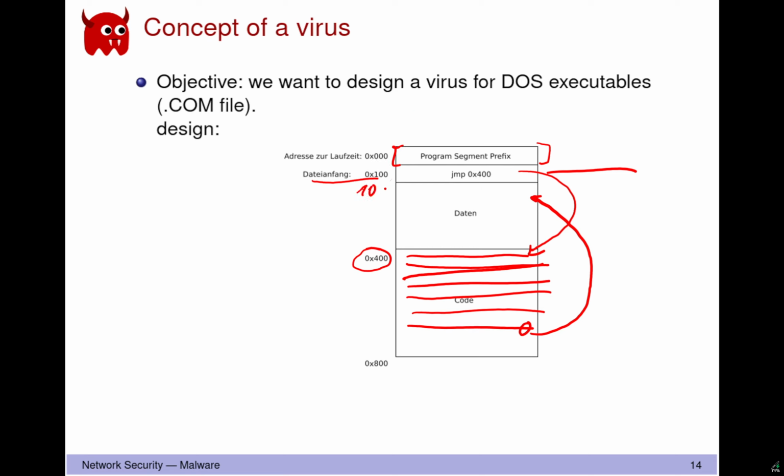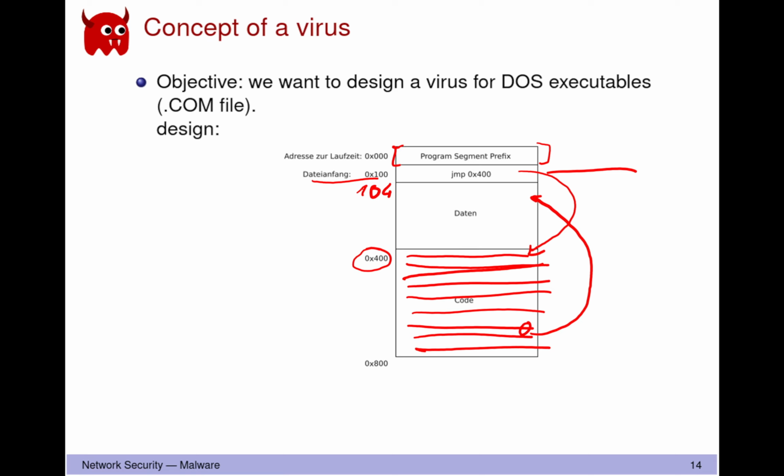Let's say 132 if it's 104, so it's 32 bits maybe, so 4 bytes more, and the data starts at byte 104 and the code starts at byte 400. So this is a very simple COM file that has the instructions in bytecode, that is machine code that is accepted by the CPU.